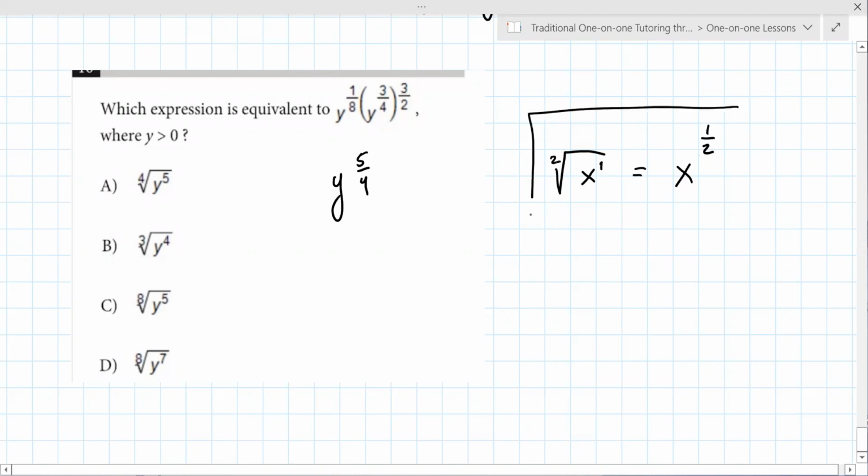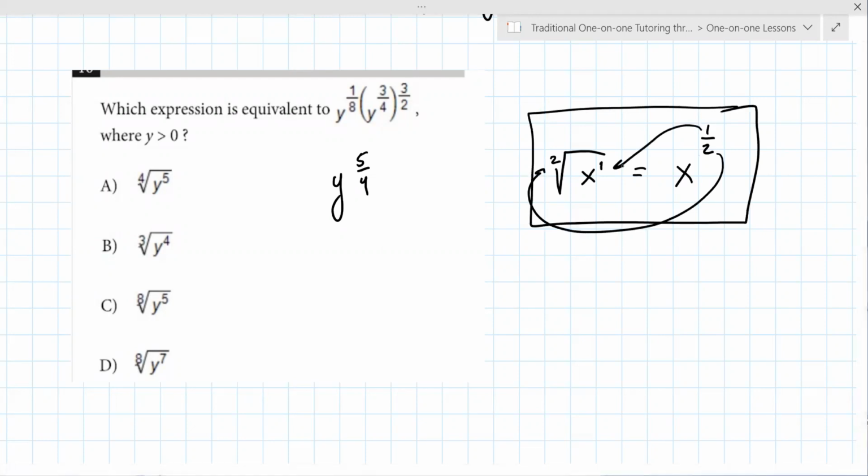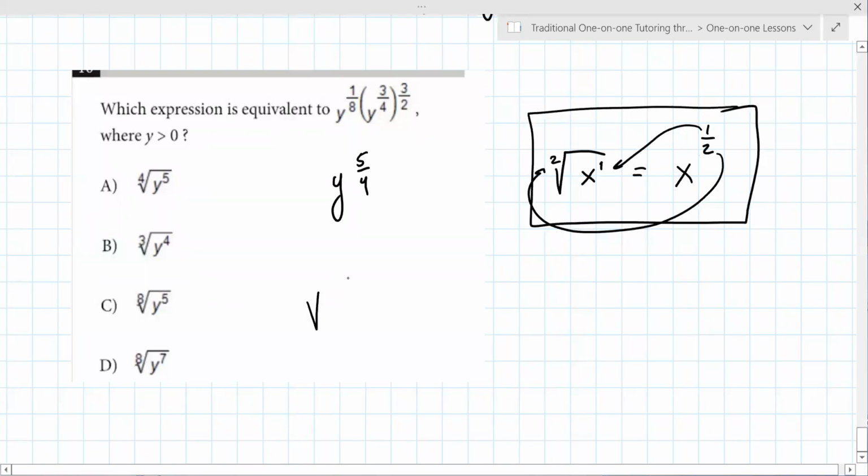If you can remember this, the 2 is on the outside, the 1 is on the inside. Use that mapping to figure out where the 5 goes and where the 4 goes. So would it be A? Yes.